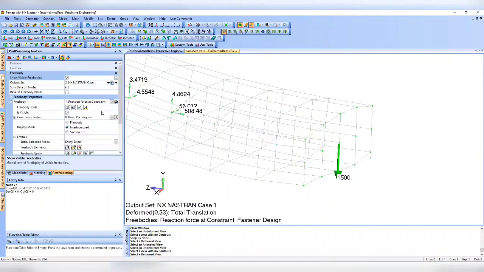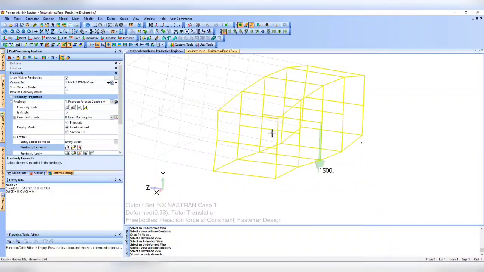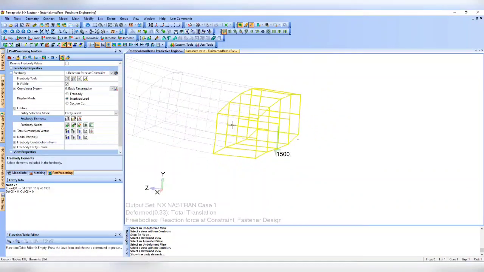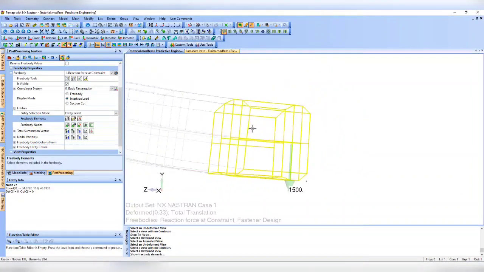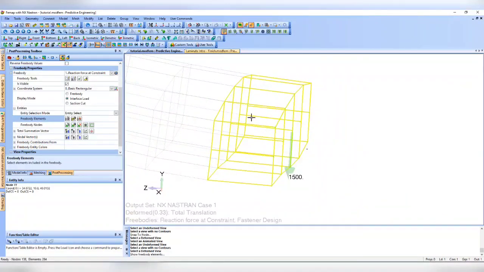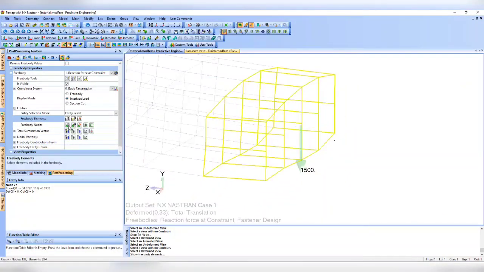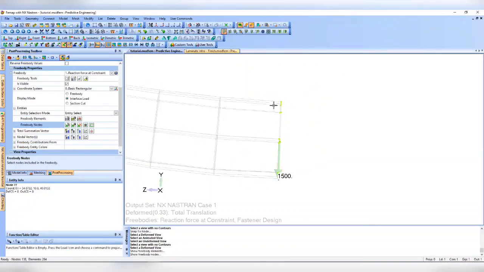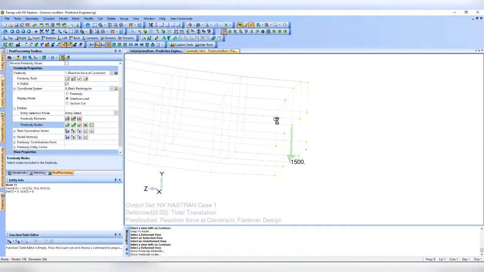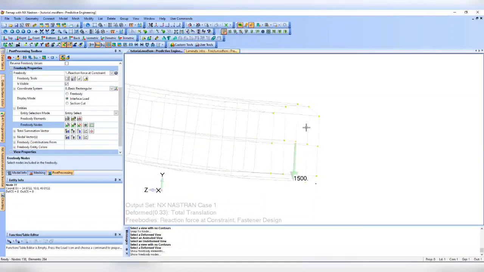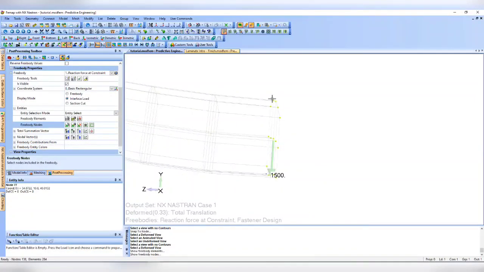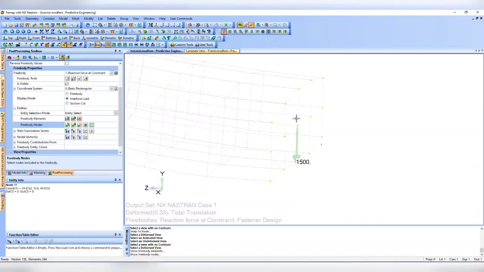Okay, let me show this one. So what I'm doing here is activating these groups of elements that are yellow, and my activation nodes are these nodes up here, basically the nodes where the boundary conditions were applied. So I'm basically taking a section cut where our boundaries are.